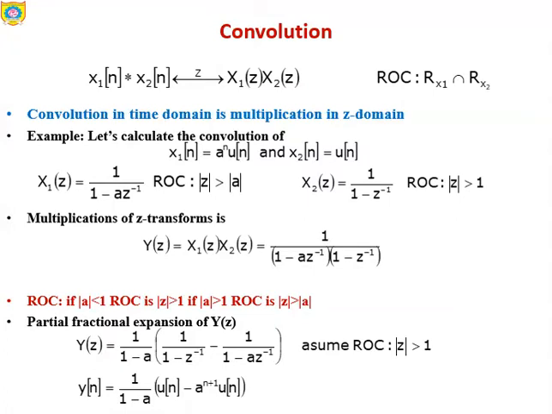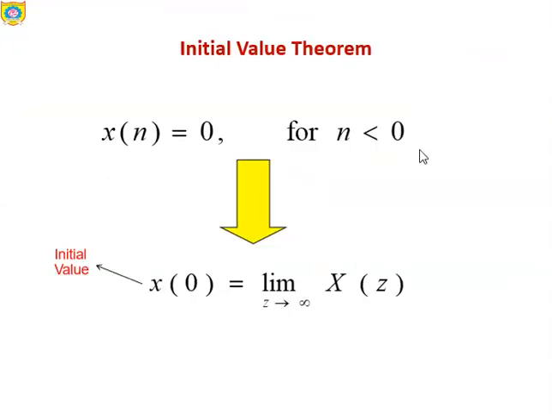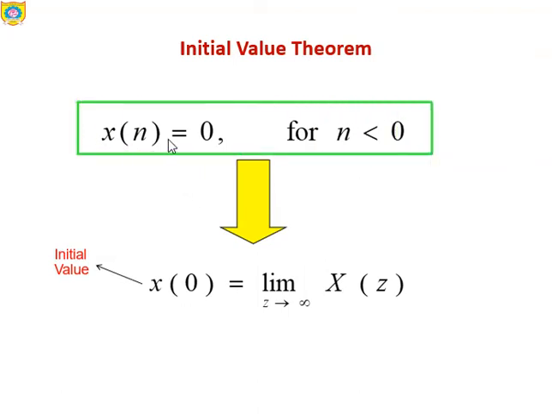Now let's proceed to the next property, that is the initial value theorem. This is quite simple to understand. What is the initial value theorem? It is defined for a causal sequence, where x of n is equal to 0 for n less than 0. When we say x of n is equal to 0 for n less than 0, obviously it is a causal sequence.